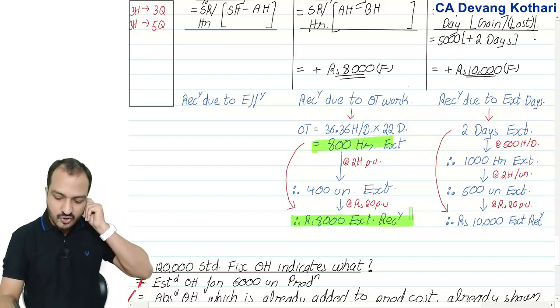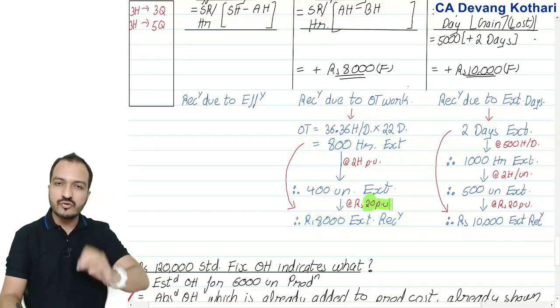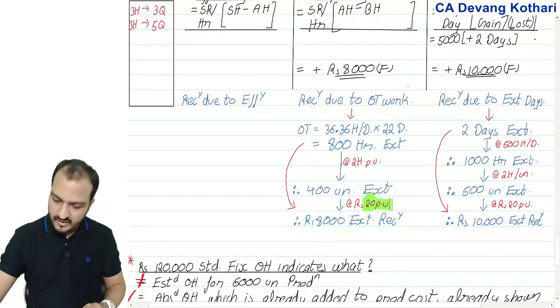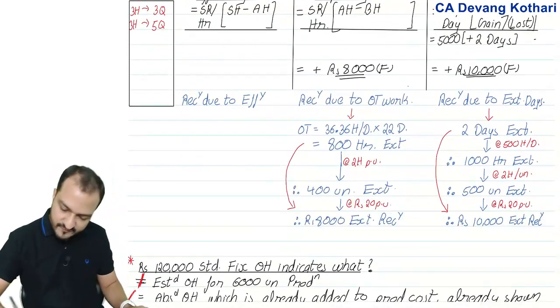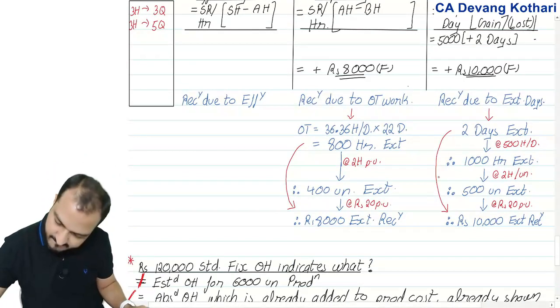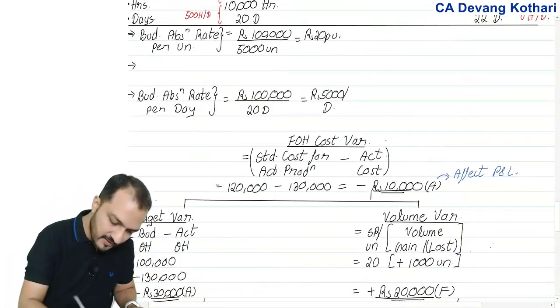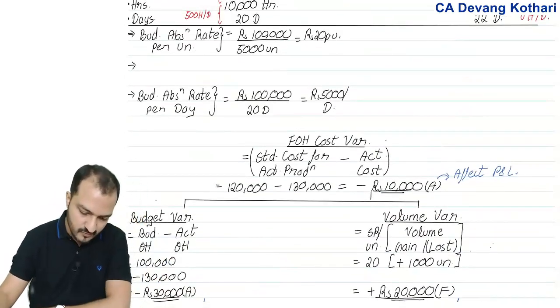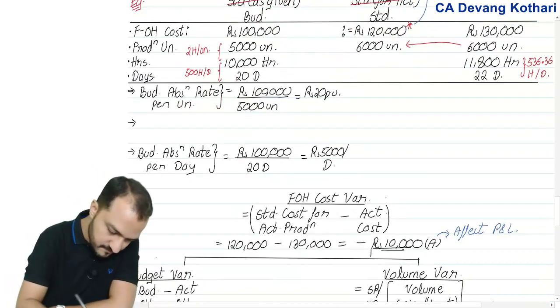Only thing, your recovery rate, which is per unit, you need to convert into recovery rate per hour. So I make one more budgeted absorption rate in terms of per hour.